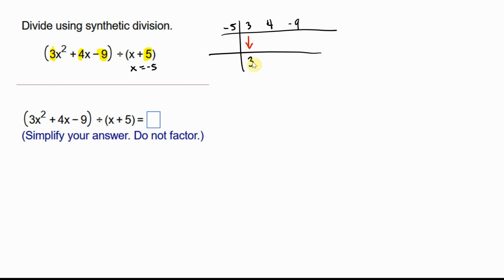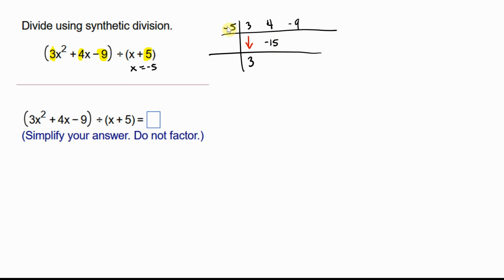So bring down the 3. Want to multiply the -5 times the 3, and you put that result here at -15. Then going up and down, we always add, whatever the signs are.